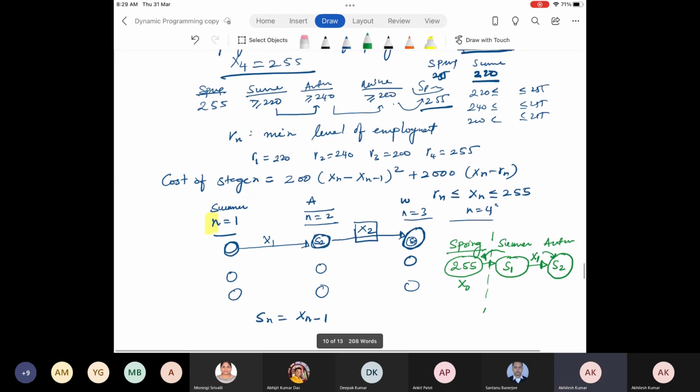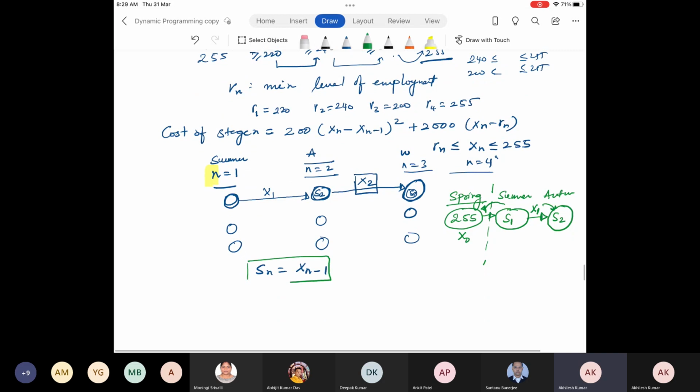So with that, we can say Sn is equal to Xn minus 1. Make sense? State in any season is equal to what was the last season employment level. That is the state. That is the known thing you have at any stage.